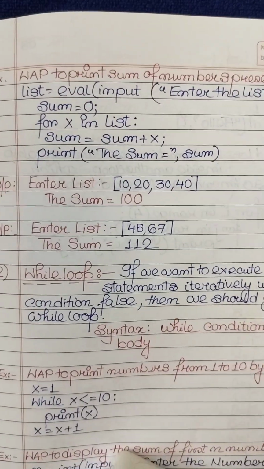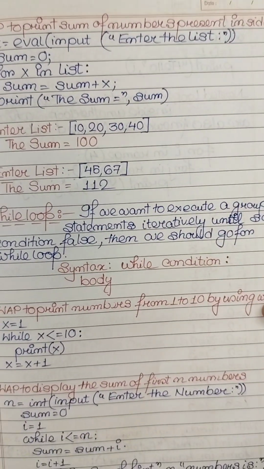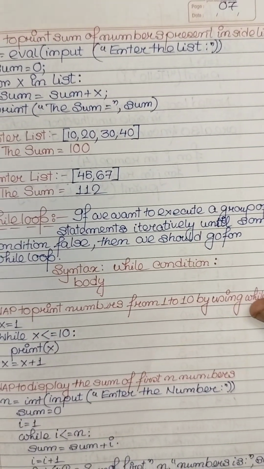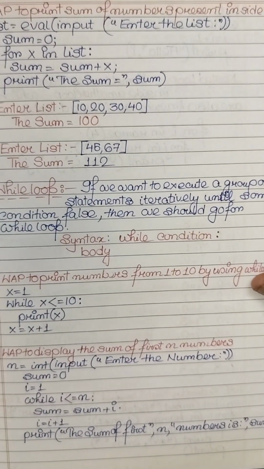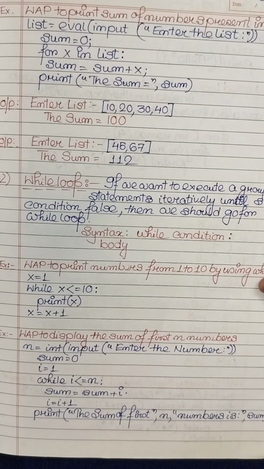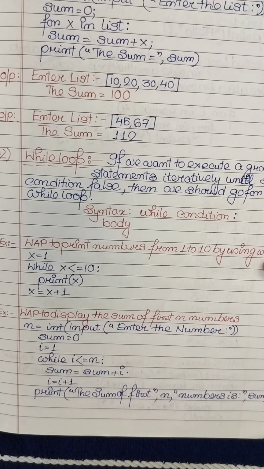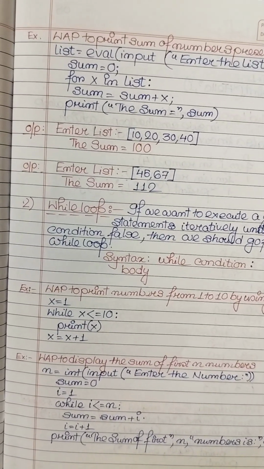And suppose write a program to print the sum of numbers present inside a list. Suppose inside any list there are numbers, you have to print their sum. list is equal to eval input, enter the list, sum is equal to 0.